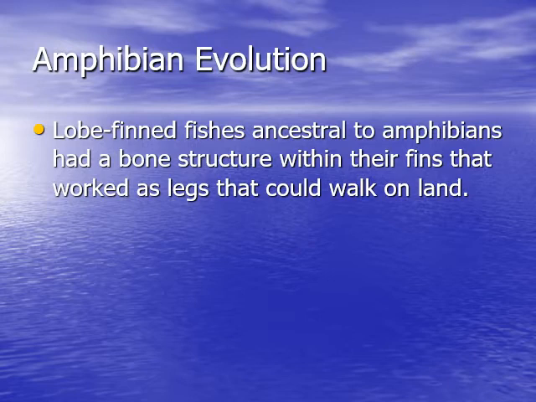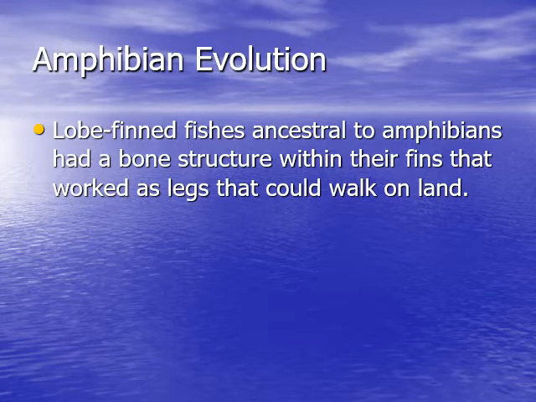So when we look at how those lobed fin fishes evolved over time, we find some ancestors to amphibians that are now extinct, but we do have their fossils, and we can find that there looks to be a transition between those lobed fin fishes and then fish that can kind of walk on land a little bit, like very, very little.